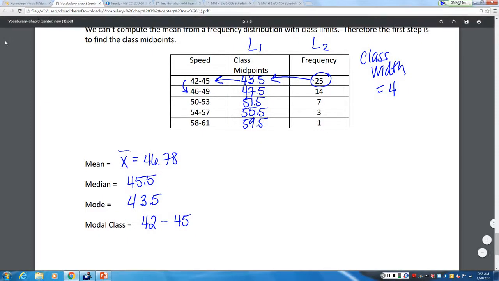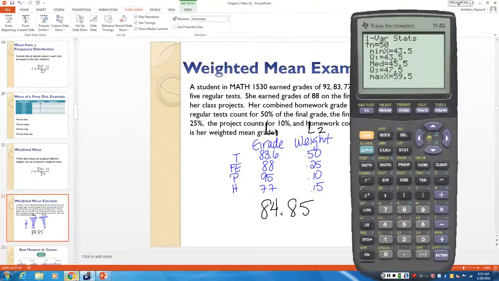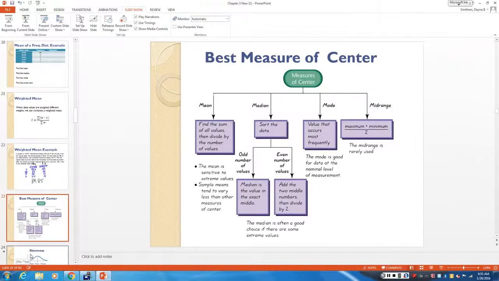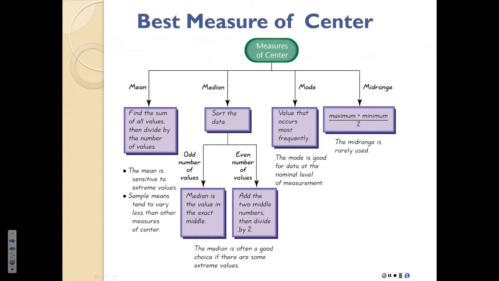Okay, so just to quickly wrap up this last part of your notes. In this last page of your notes, measures of center. Remember again, your mean is your average, median is the physical middle, mode is the greatest frequency or the most. Mid-range, you've got your formula there, right?